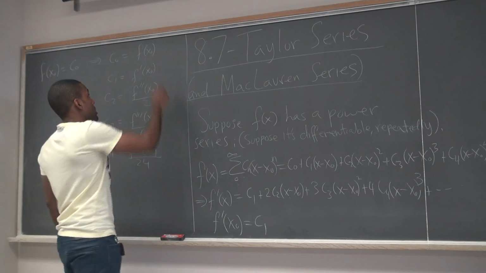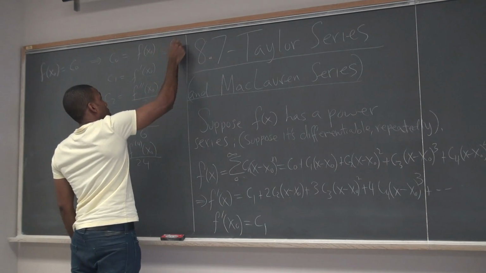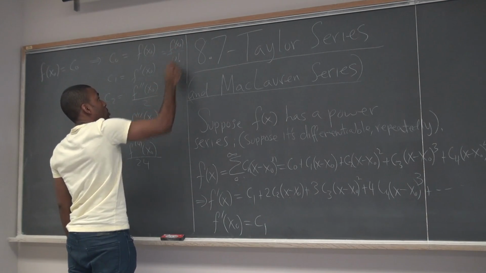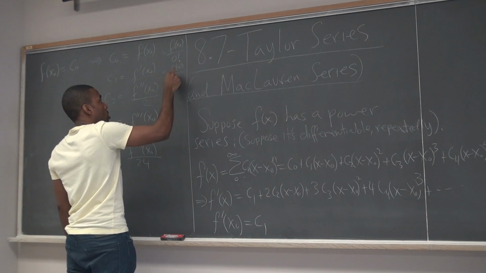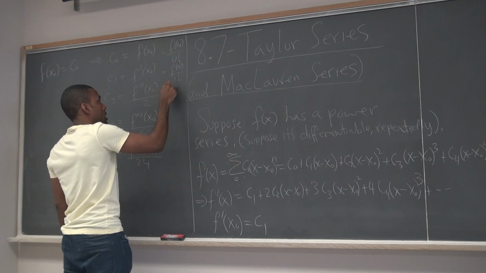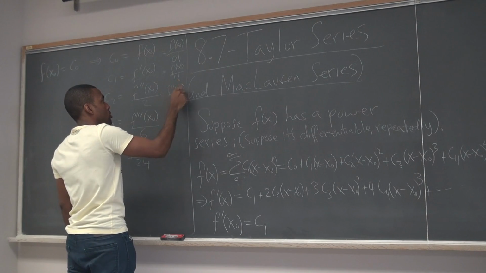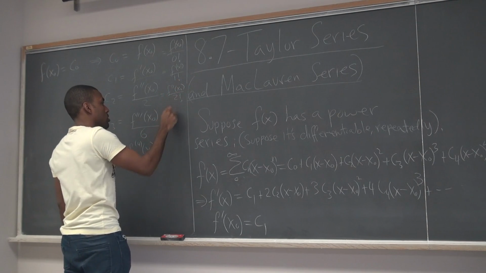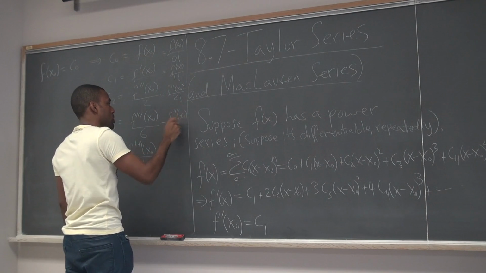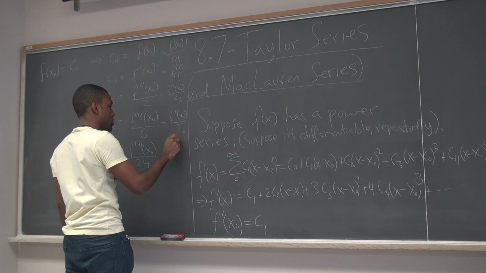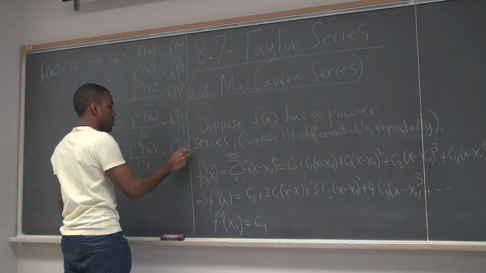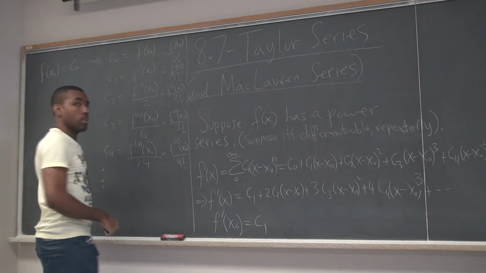Factorials. Notice that this guy here is 0 factorial. This guy here is first derivative over 1 factorial. This is the second derivative over 2 factorial. This is the third derivative over 3 factorial. This is the fourth derivative over 4 factorial.